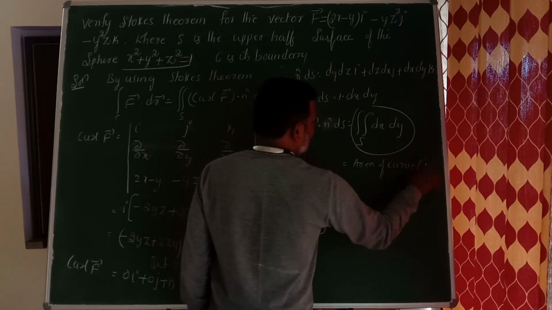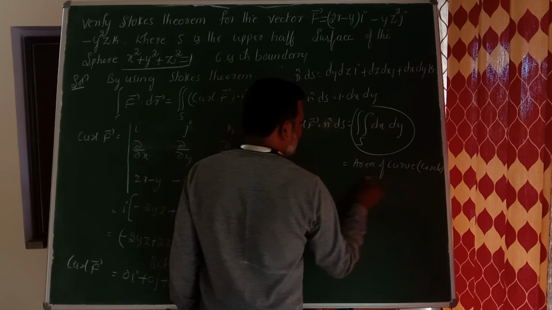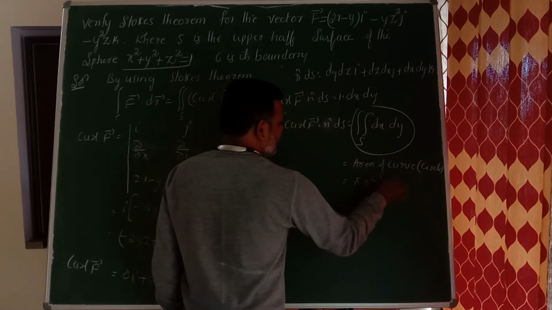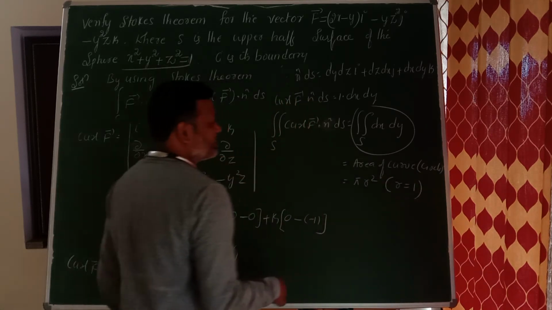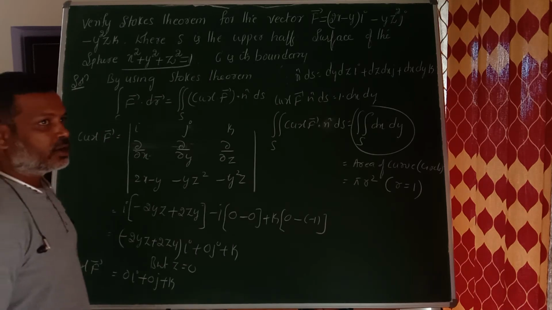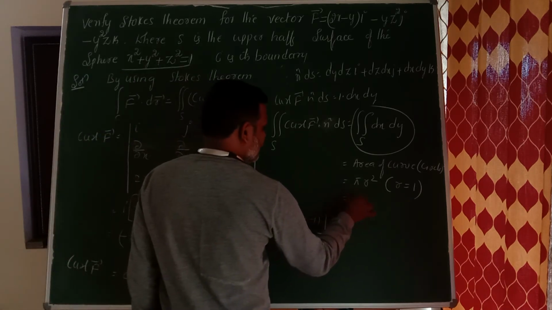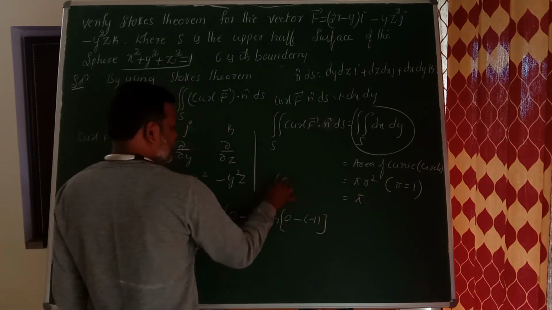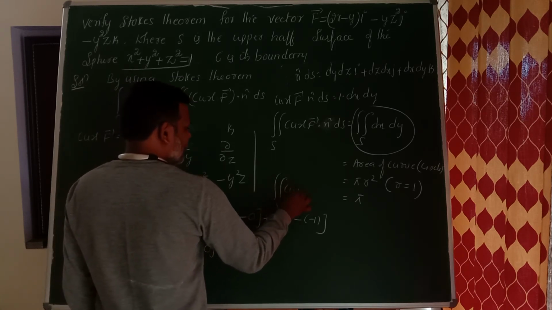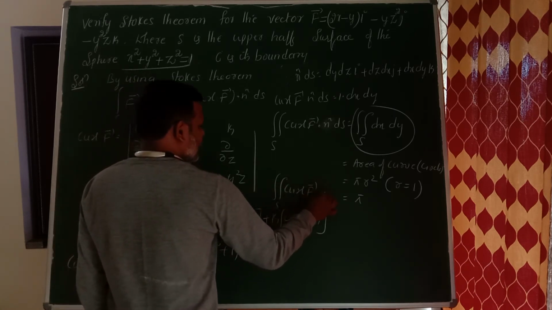Here what is the curve? Curve is a circle. Okay, area of the circle is pi r squared, but r is equal to 1, already discussed that, because x squared plus y squared is equal to 1, radius is 1, this becomes pi. This is the double integral over S of curl F dot n cap dS.